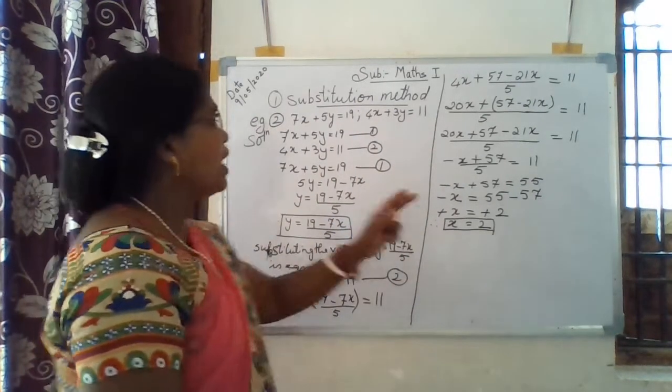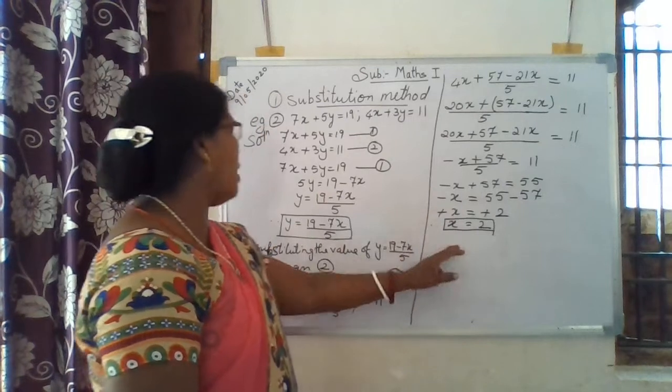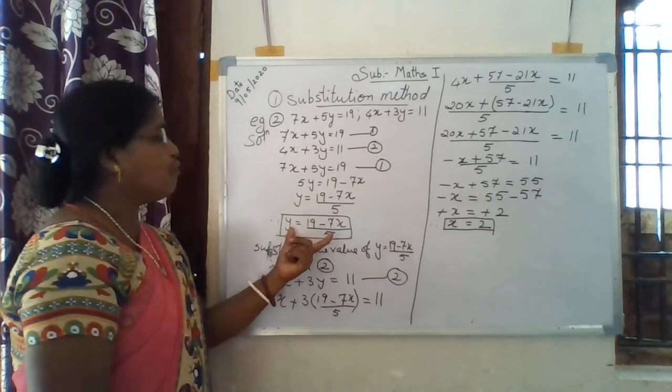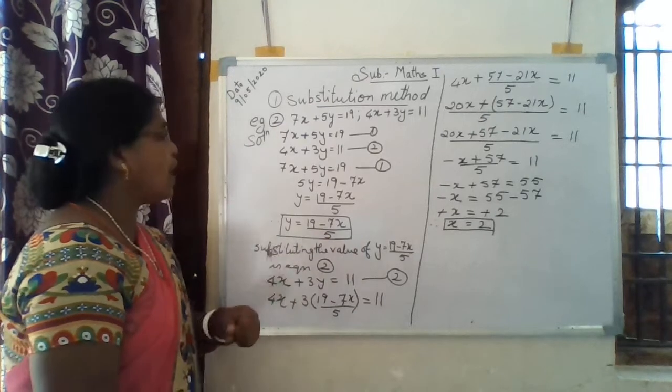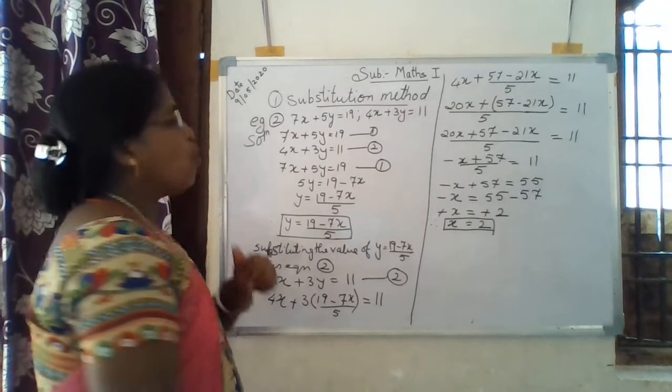Now we can substitute this x value in y equal to 19 minus 7x upon 5 and get the value of y.